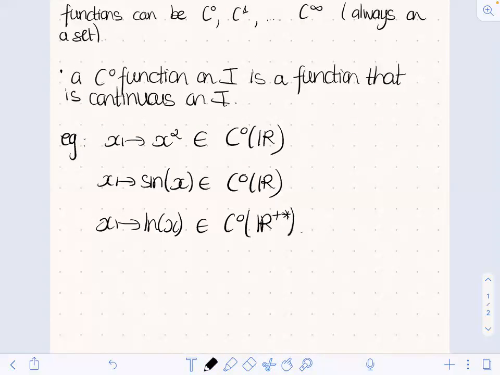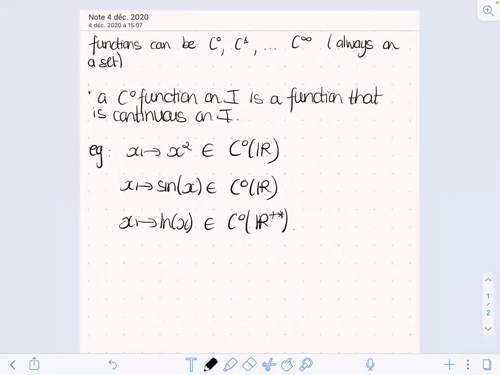So when we say C0, it's just a shortcut for a continuous function, always with an interval or a set in mind. Whenever I write that something belongs to C0 on R, it's just because I'm lazy and I don't want to write continuous on that set.